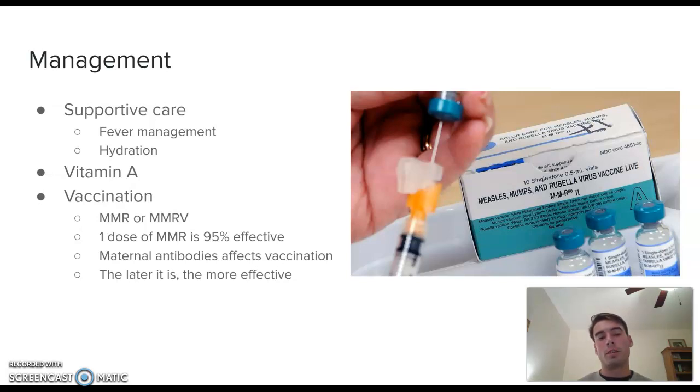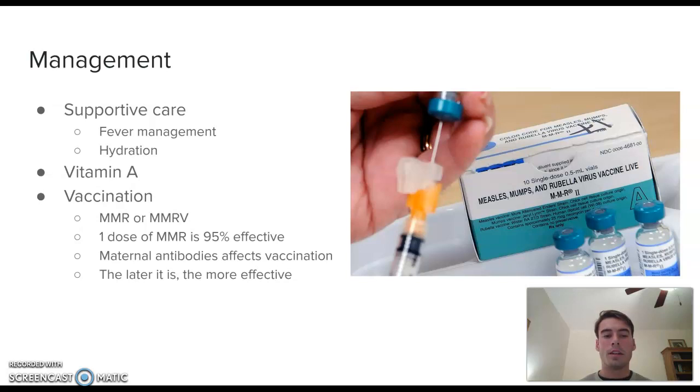MMRV provides protection again for measles, mumps, rubella, but then it will also provide protection against varicella. One dose of the MMR vaccine has been shown to be 95% effective for protecting against measles.